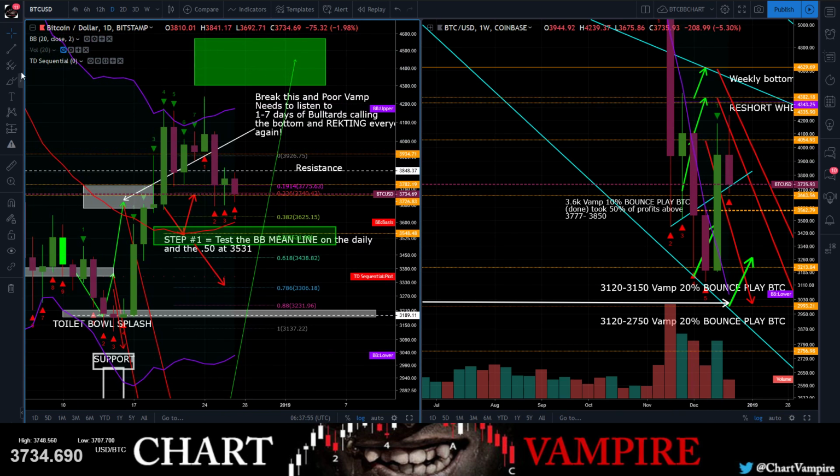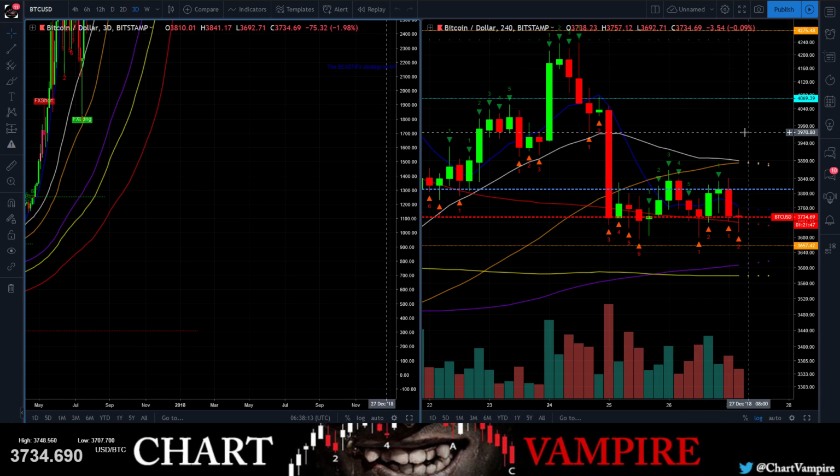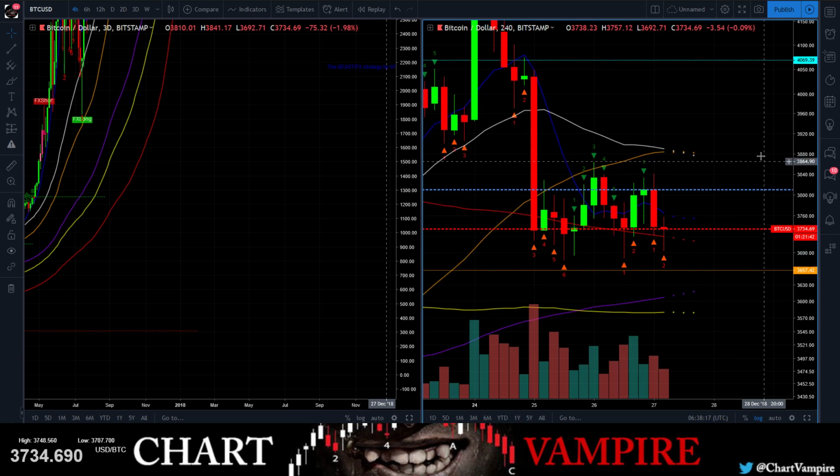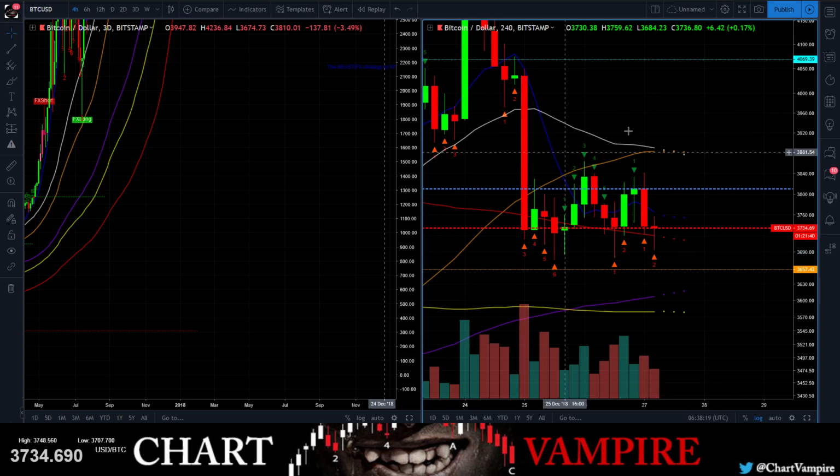I'm sorry, people. This looks like a freaking bear flag. That looks like a bear flag to me. Bear cross coming on the 4-hour.